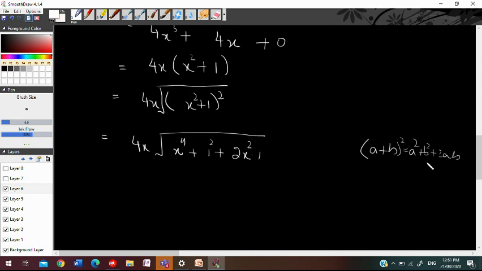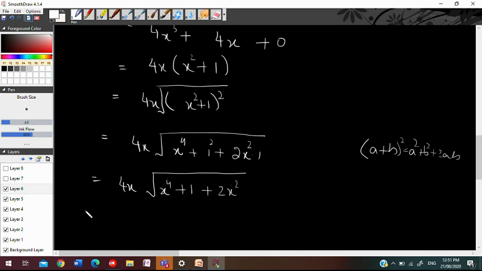I've applied this formula. So 4x into under root of x4 plus 1 plus 2x square.